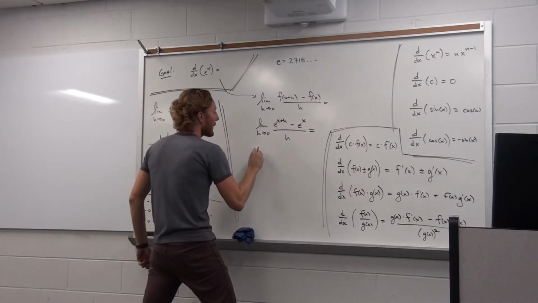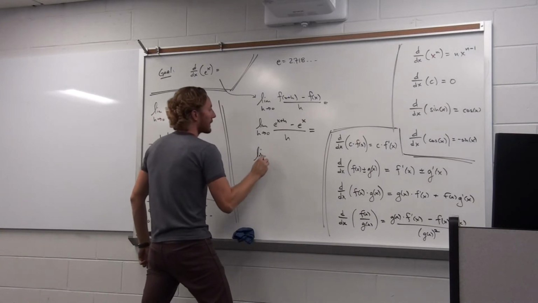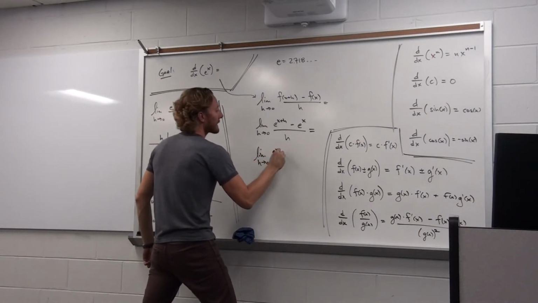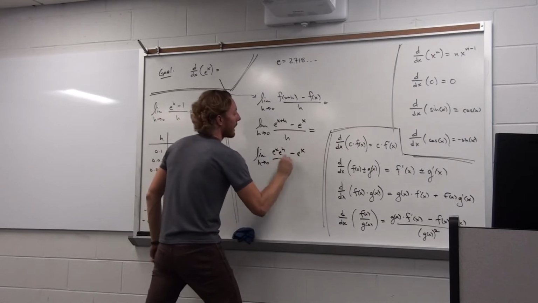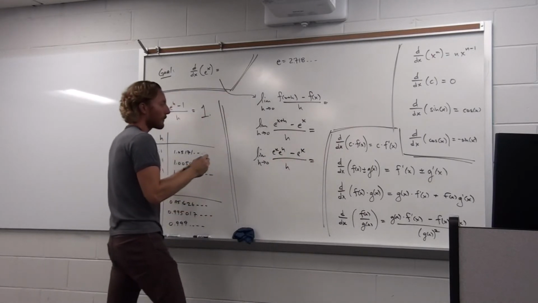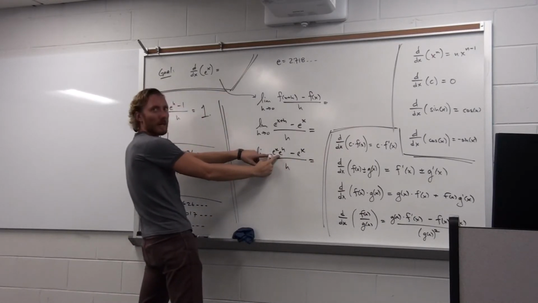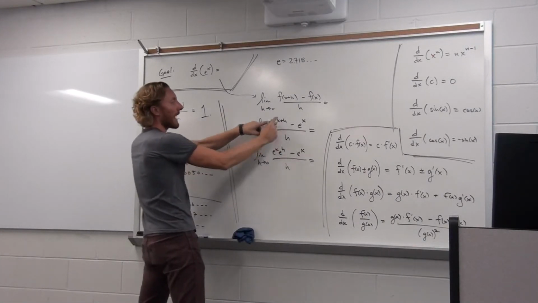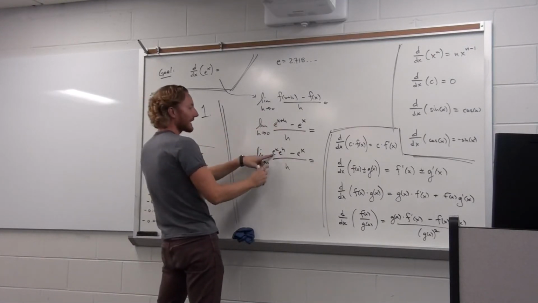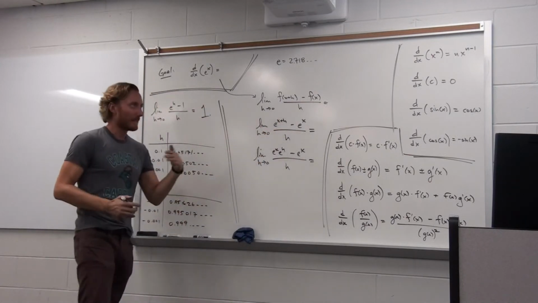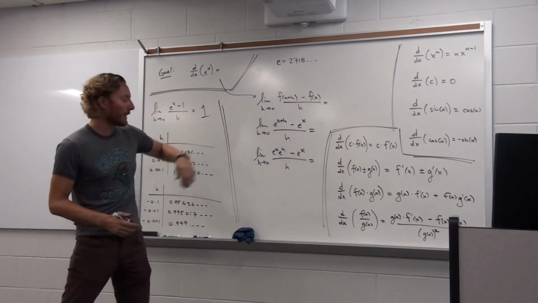So if you wrote that out using your exponent laws, that would be e to the x times e to the h, because when you take two exponents with a common base and multiply them, you simply add the exponents. So e to the x times e to the h would be e to the x plus h.